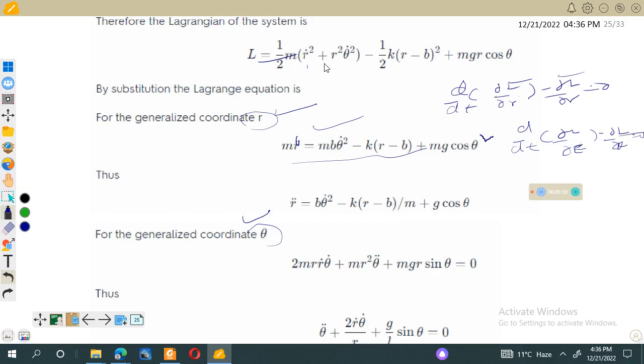When we put this Lagrangian into this equation, we take the partial derivative with respect to theta dot and then its time derivative, which gives 2 m r theta dot plus this whole term. If we arrange this equation, it gives us this equation.